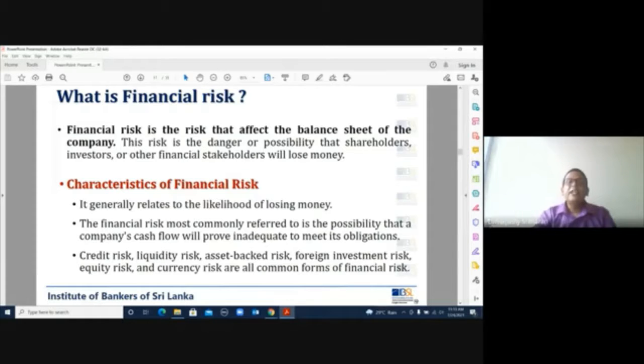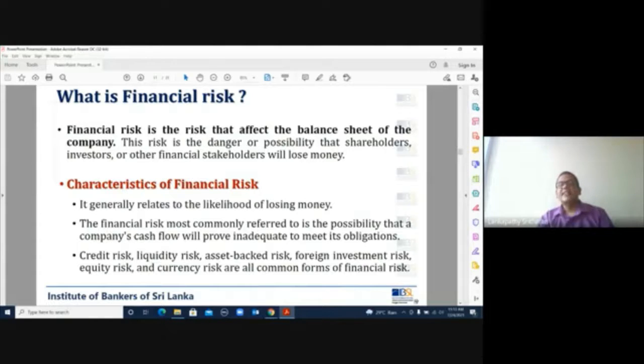Then the bank has to make a provision for that loan, or write off the loan. When they make the provision or write off the loan, that will directly impact the balance sheet of the particular bank. That is why we call financial risk the risk that affects the balance sheet of the company directly.